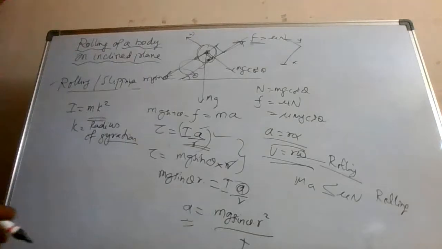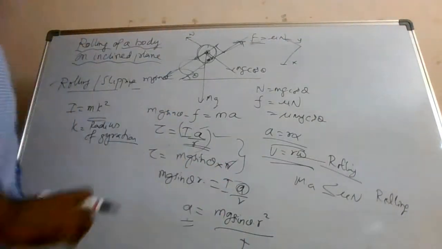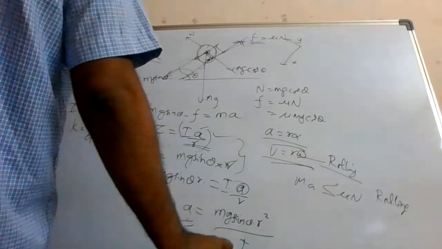Here I need to see that this I value is mk square, right? So m is cancelled, so you will not have this m term here, no?